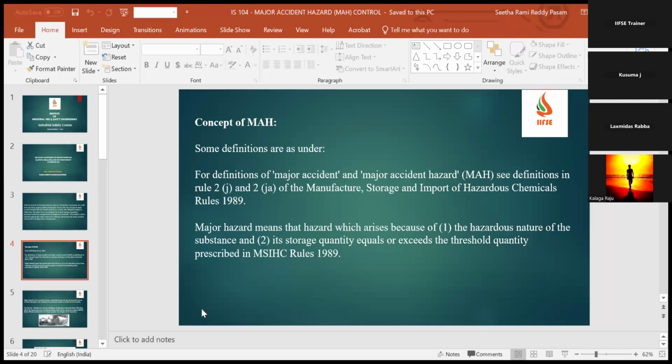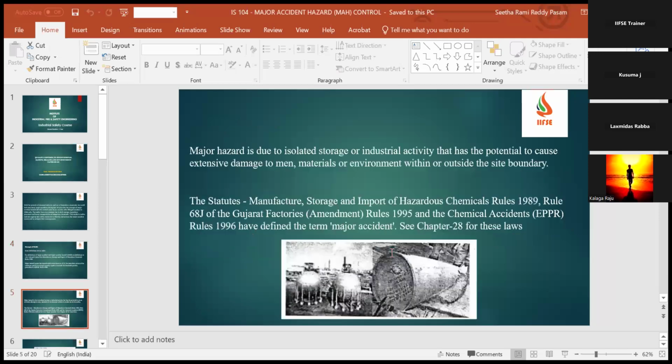These are the sub-rule numbers in 1989. So here it is not only about hazard in nature but also storage quantity. Even if you are exceeding your storage quantity, you will fall under this definition. We should always be within the limit.